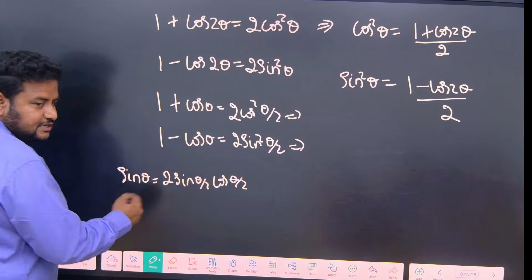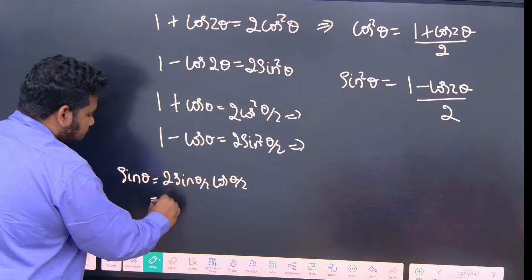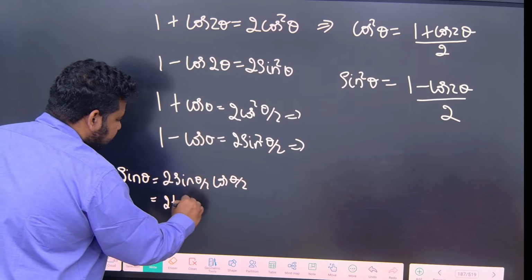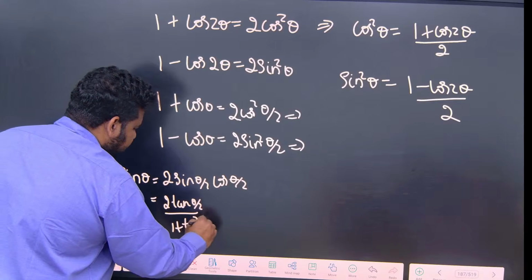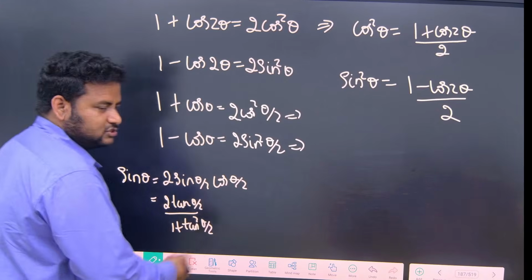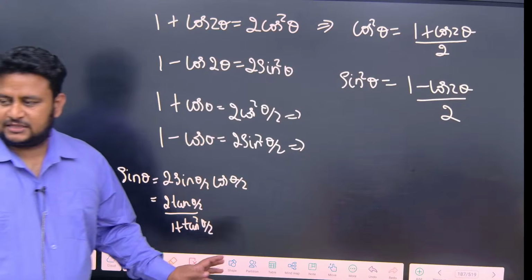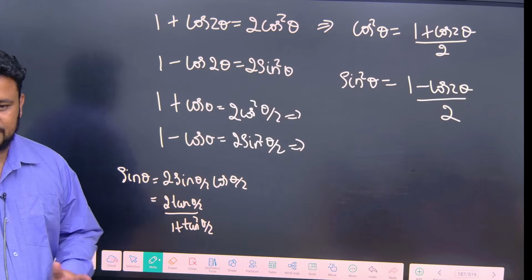In terms of tan also, this will be 2 tan theta by 2 by 1 plus tan square theta by 2. Cos also same thing. That is the half angle formula which you already know.